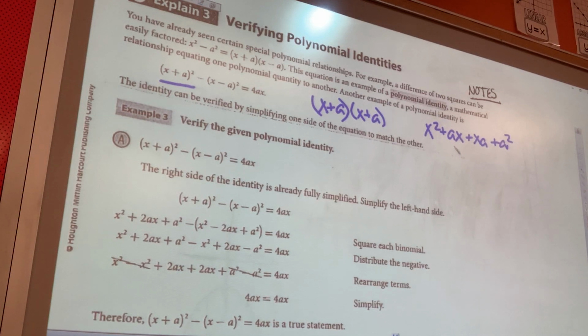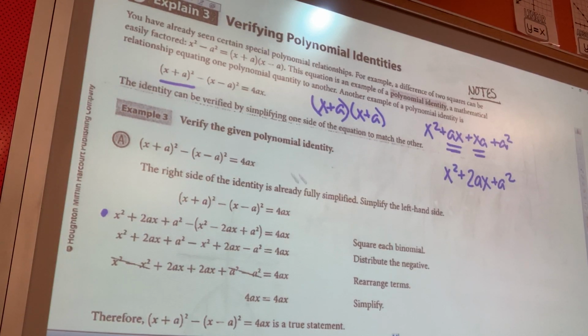And I hope y'all realize these are the same thing. It doesn't matter if I write it a times x or x times a, but when I order it, you write it in alphabetical order. So a comes before x. So we get this, which is what we have right here.